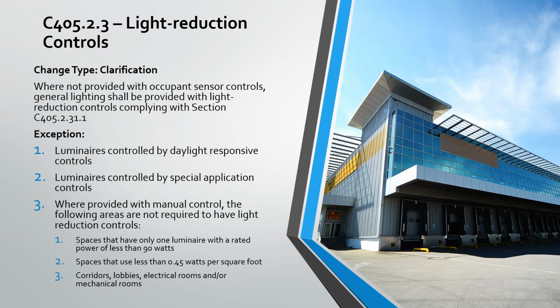So you can calculate how many watts are being used by the square footage and the power usage for those lamps. And then corridors, lobbies, electrical rooms, and other mechanical rooms, places that people need to have lighting in there for safety reasons or to illuminate exit signs. Those don't have to have occupant sensor controls in them.